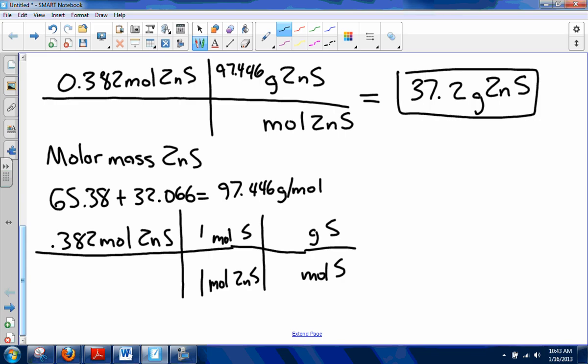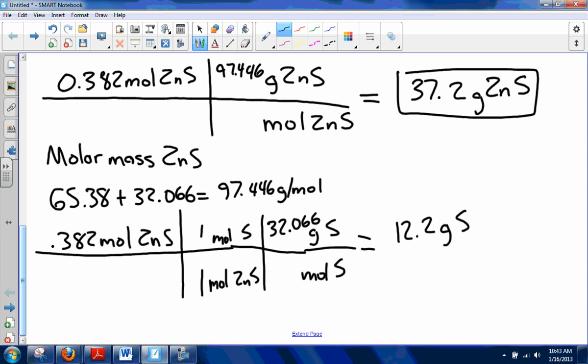And I use the molar mass of sulfur, which I've already looked up. It's 32.066. I need to multiply straight across on the top. 0.382 times 32.066. What do I get? 12.2 grams of sulfur.